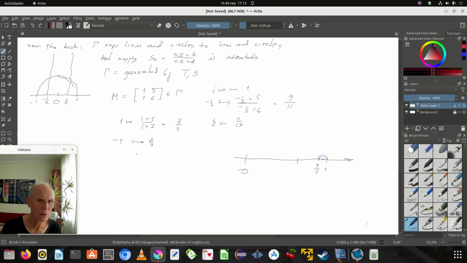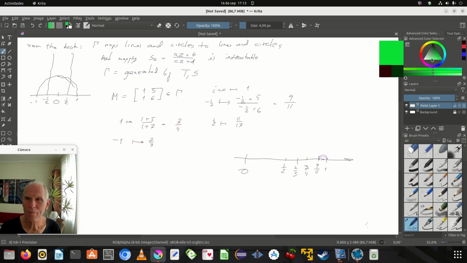That's 2/3. If we say this is 3/4 and this is 2/3, we are not quite to scale, then this would be 1/2. So we need to move north a bit. So this way we get this circle.